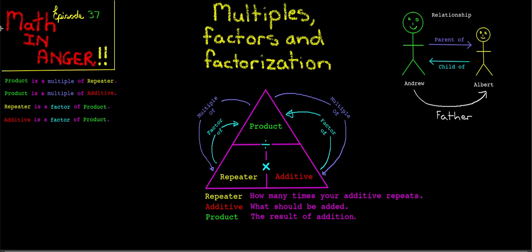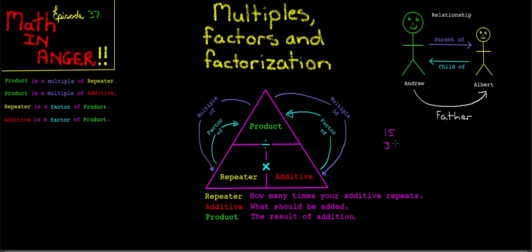So let's take a look at some examples here. Let's take a look at 15, right? 15. If you take a look at 3, is 3 a factor of 15?